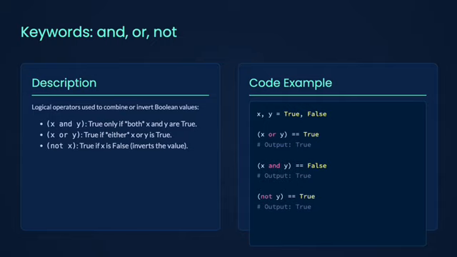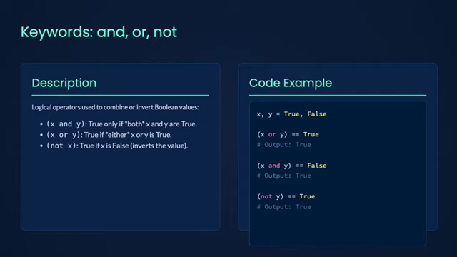Next, you need a way to combine or change those True and False values. For that, we use and, or, and not. And is strict. It only returns True if both sides are True. Or is flexible. It returns True if either side is True.